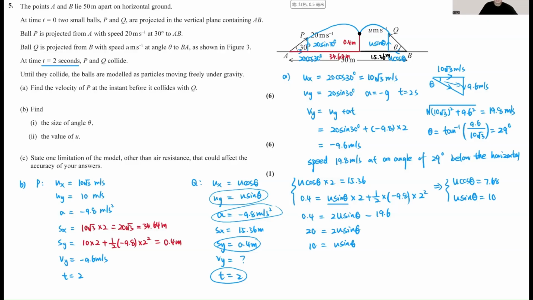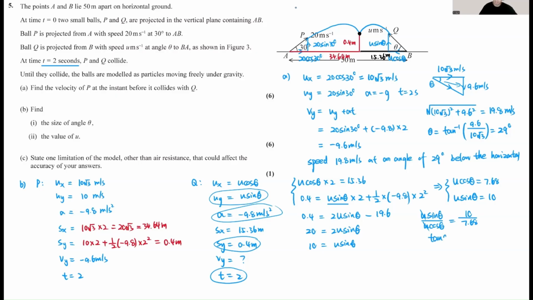Okay. Now we have sin and cos. So U sin theta, U cos theta. If we use U sin theta divided by U cos theta, that should give us 10 divided by 7.68. So U over U cancels out.